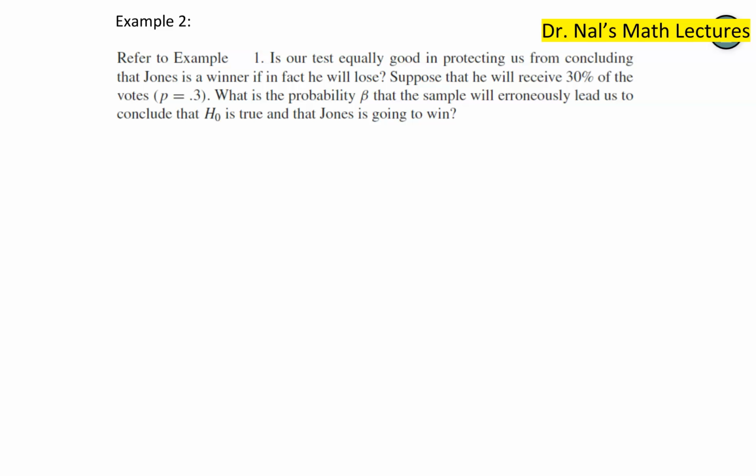Anyhow, the question is clearly asking for the probability beta that the sample will mislead us to conclude that the null hypothesis is true, that Jones is going to be the winner, while in fact the reality is that he only has 30% of the vote. So what is the probability of making a type 2 error?